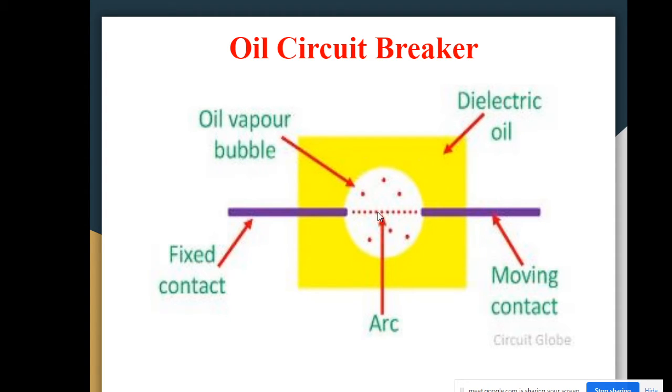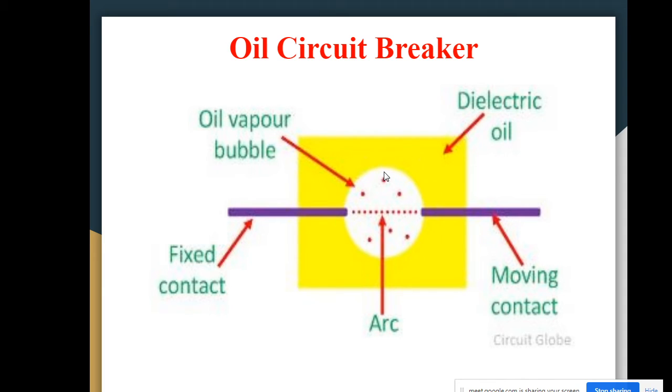So when the arc is taking place between the contacts, what will happen? When the arc is generated, a huge amount of heat will be generated. This heat, generated in the form of the arc, will evaporate the oil which surrounds the contacts of the circuit breaker.